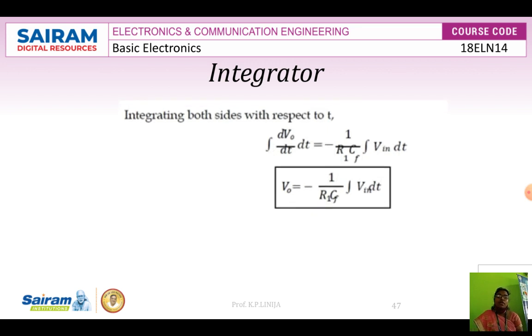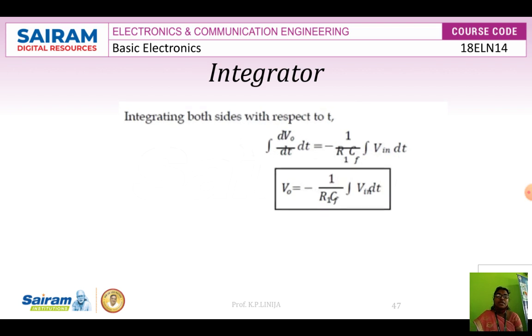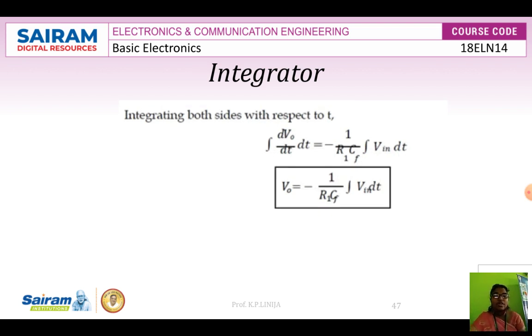Since the output is the integration of the input value, in the previous expression we showed that dV0 divided by dt is equal to minus Vin divided by R1 into CF. Now we integrate both sides of the above equation with respect to time.